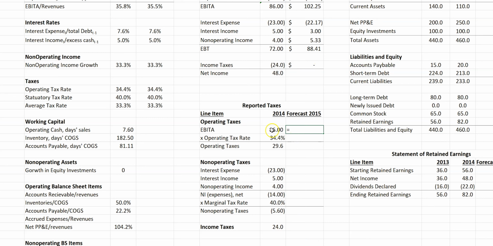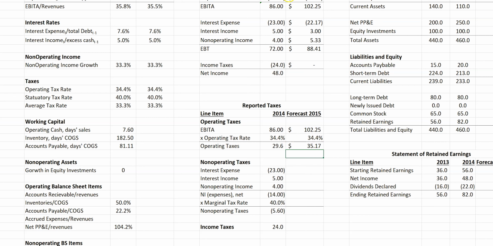So we're going to set this equal to our EBITDA to calculate operating taxes. This is our operating tax rate, and we figured this out separately. This will give us our operating taxes, so this times this is what our operating taxes are equal to.